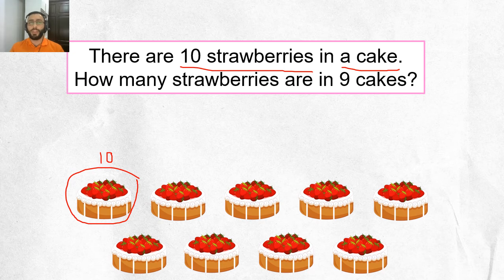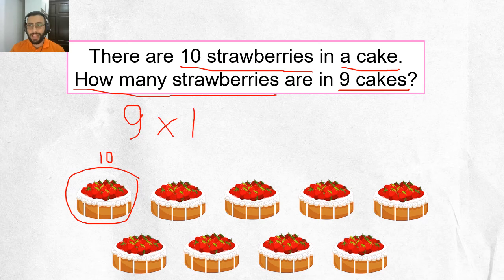Now, the question is, how many strawberries are in 9 cakes? Oh, so we have 9 cakes. Okay, so we have 9 cakes. How many strawberries are in one cake? Times 10. Now, 9 times 10. What does that equal to?